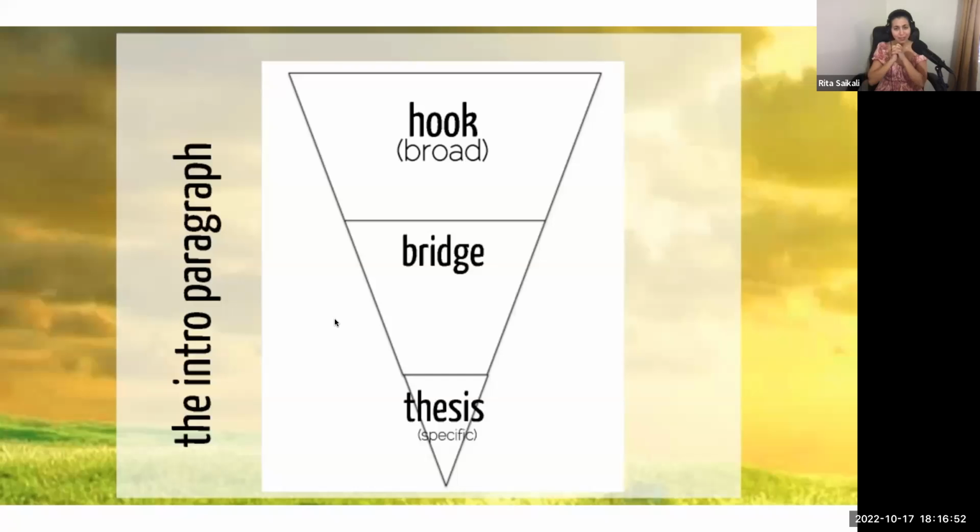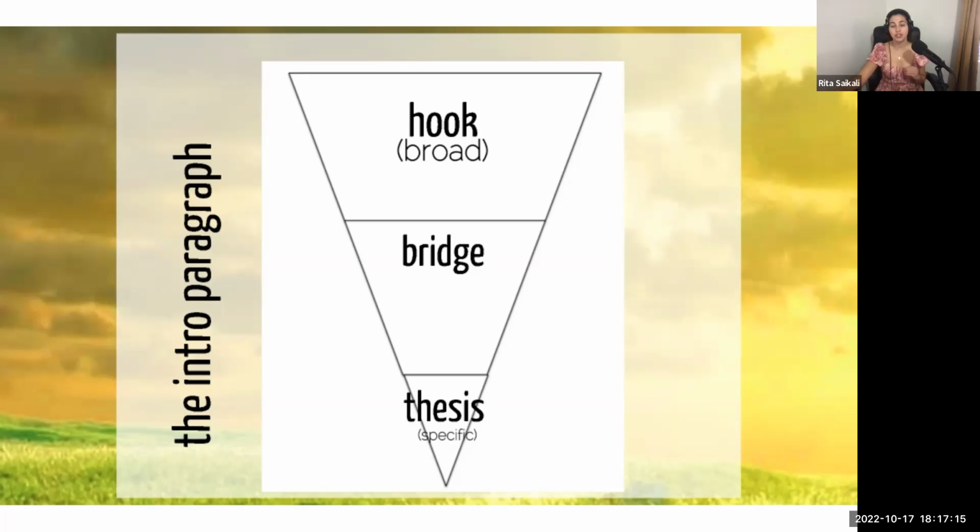So what does the introduction paragraph look like? You've got to think about it like an inverted pyramid. You start off with the hook. That's the main thing there. It's broad, it's general, and it gets more and more specific as you go down this triangle.